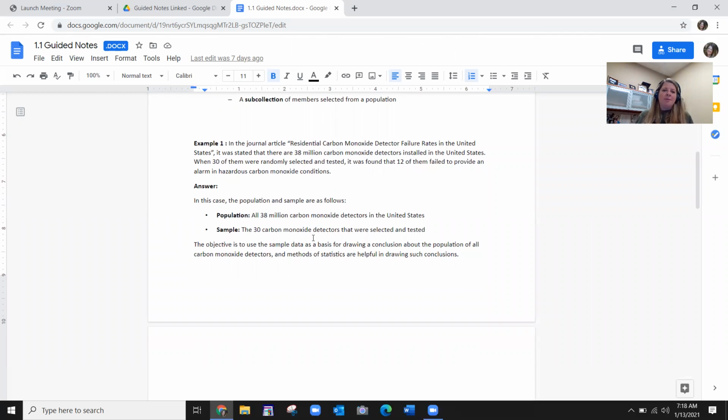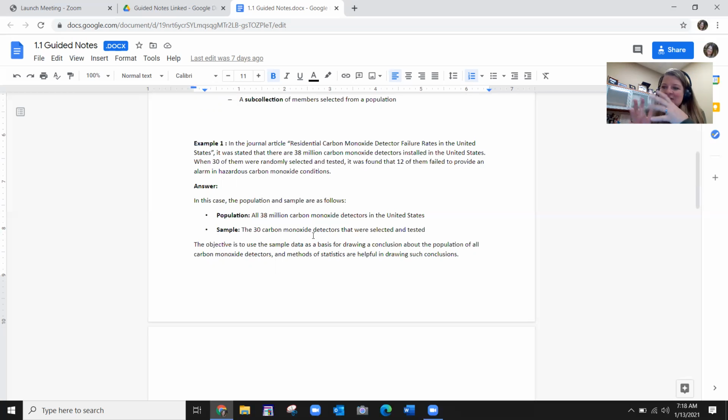In the journal article 'Residential Carbon Monoxide Detector Failure Rates in the United States,' it was stated that there are 38 million carbon monoxide detectors installed in the United States. These are like smoke detectors, but they detect carbon monoxide. When 30 of them were randomly selected and tested, 12 of them failed to provide an alarm in a hazardous carbon monoxide condition.